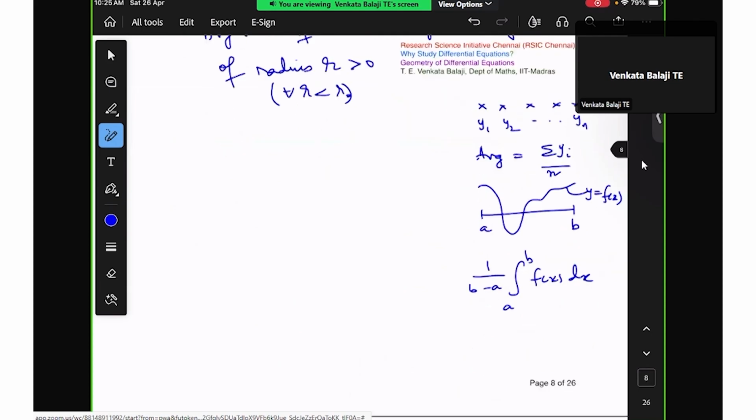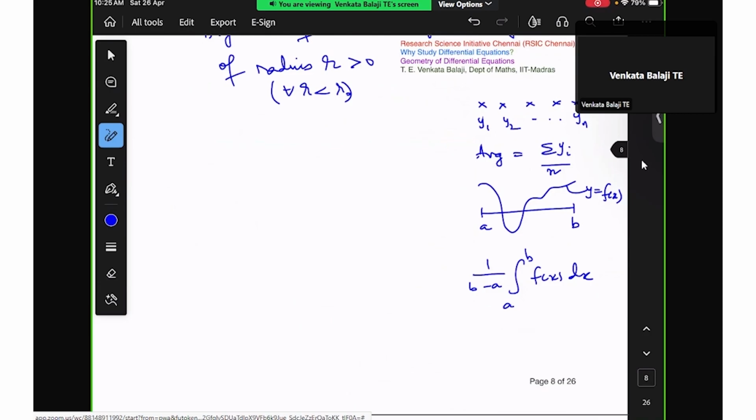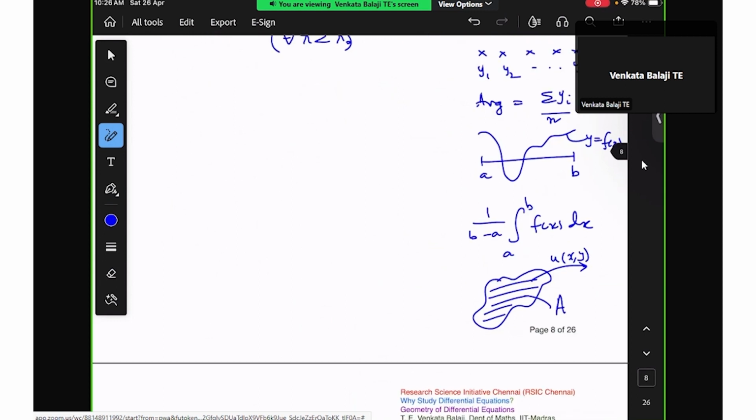Now, one more level of sophistication. Suppose I have a region A in the plane, and here I have a function u of x comma y defined on this entire region. It's a two-dimensional region. What is the average value?